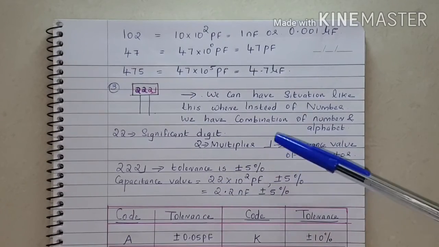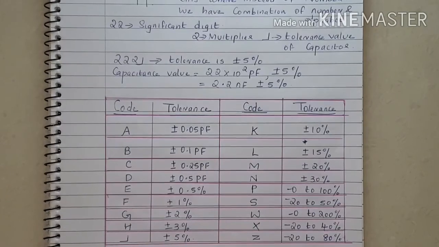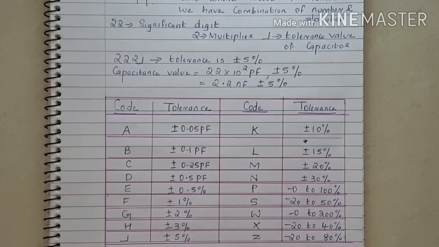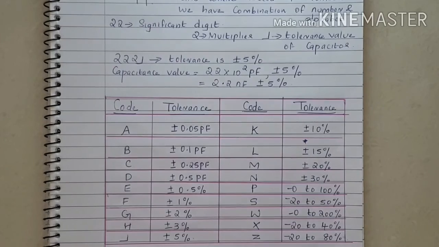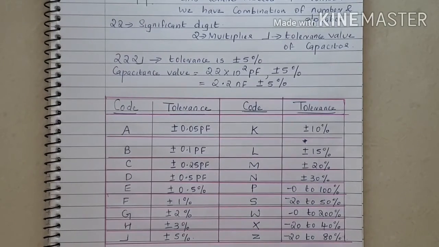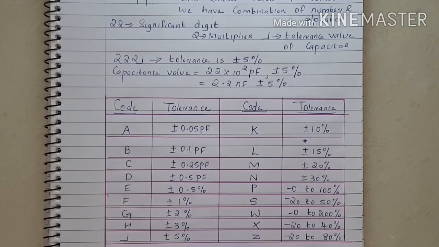But the alphabet indicates the tolerance value of the capacitor. Here is the table which represents the tolerance value for each alphabet, and the tolerance value for the J alphabet is plus or minus 5%.